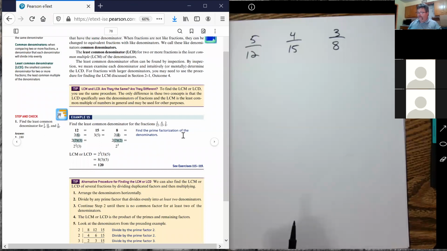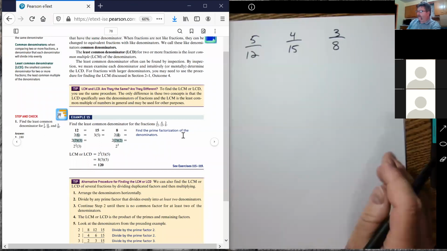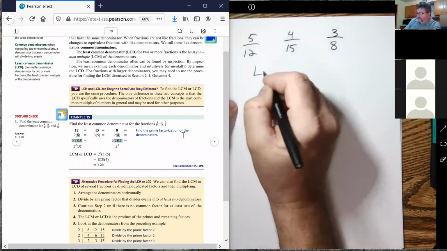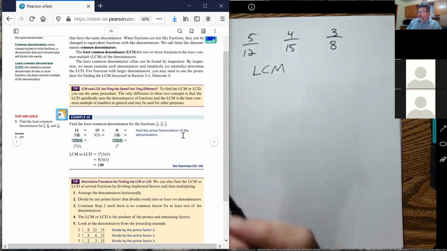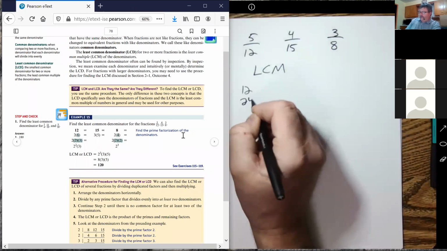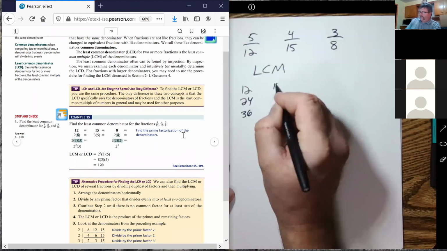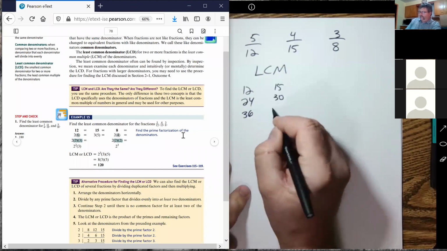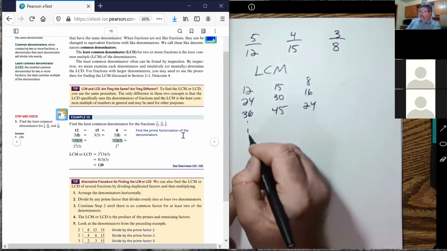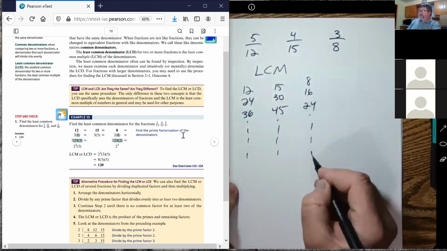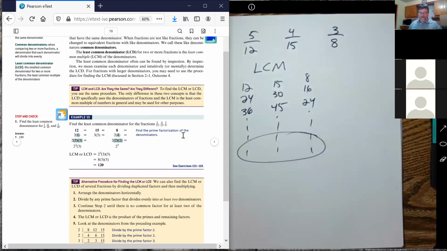Well, we did this already tonight when we were finding the least common multiples, the LCMs. We took those numbers and started counting: 12, 24, 36, and then 15, 30, 45, and then 8, 16, 24, and we kept going. This was the hard way, and eventually we found a match.